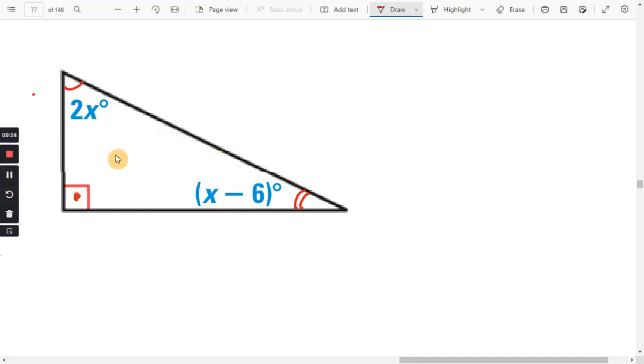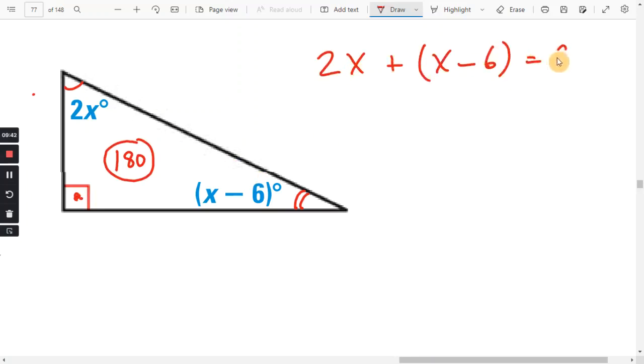All right, again, the whole triangle is 180. All the interior angles add to 180. Okay, we subtract 90, and we're left with 90 degrees left over. So it's going to be 2x plus x minus 6 equals 90. 2x plus x is 3x.